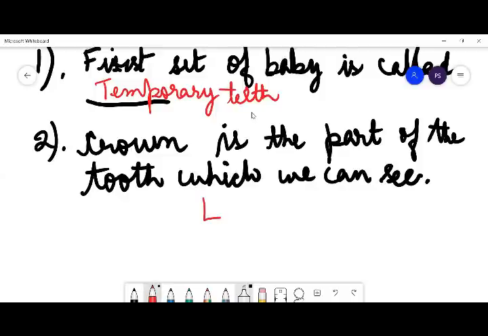Yes, crown is the upper part of the tooth and it can be seen. Yes, we can see it.